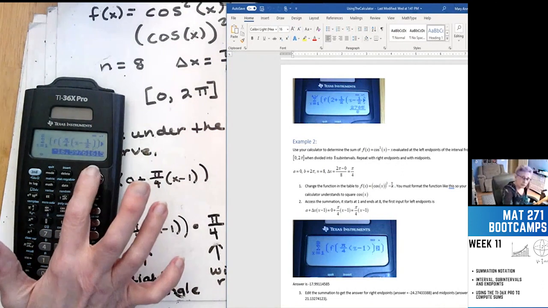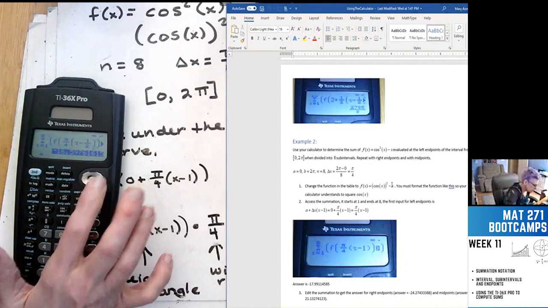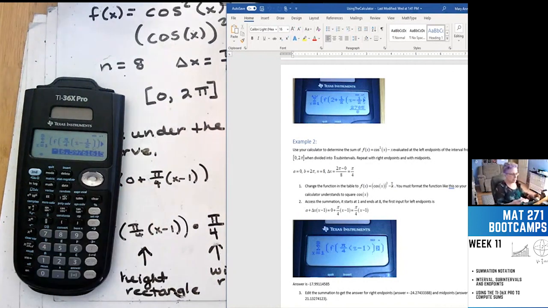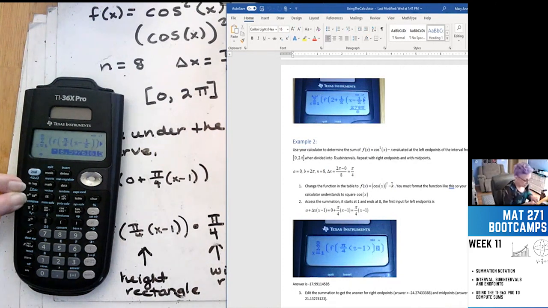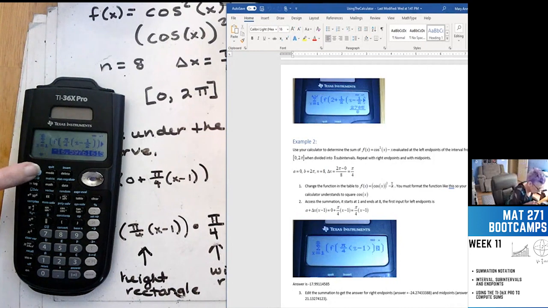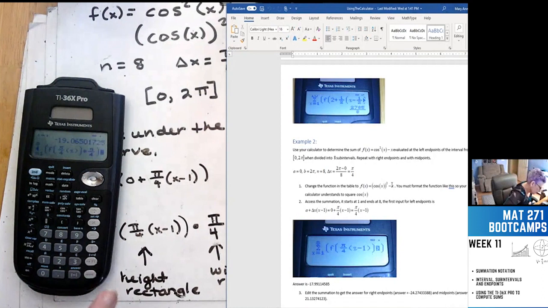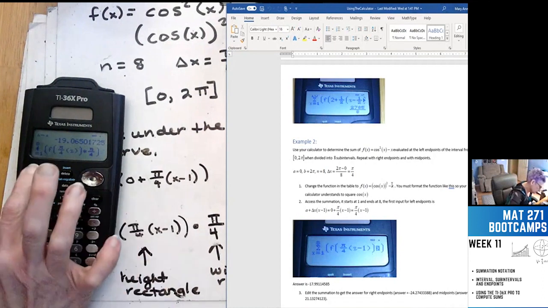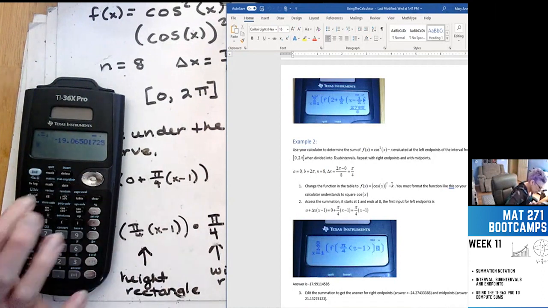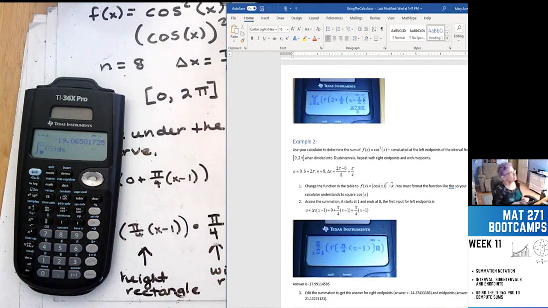Now, one good way you can check to see if you're close, what we're actually estimating here is an integral. And you actually have an integral button there on your calculator. Well, I have to get down below everything. Second, this is what we are estimating.